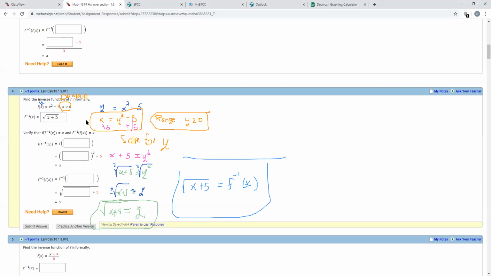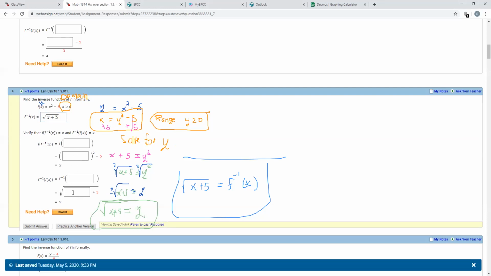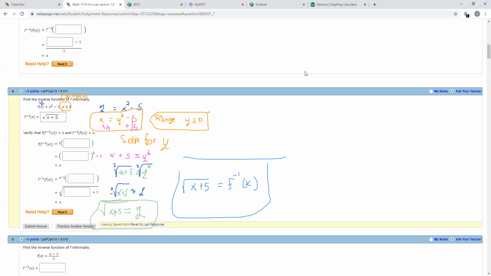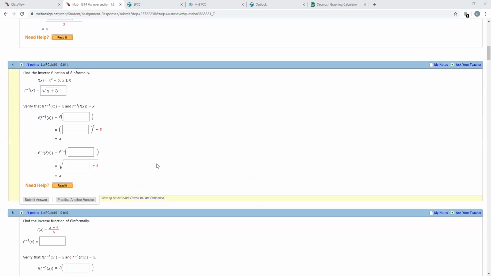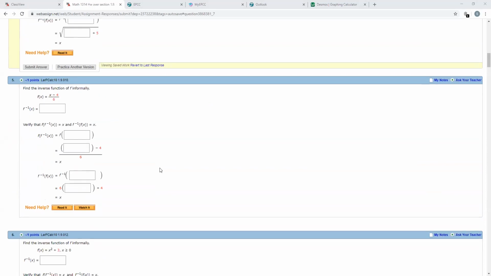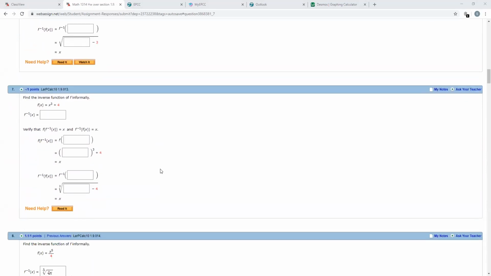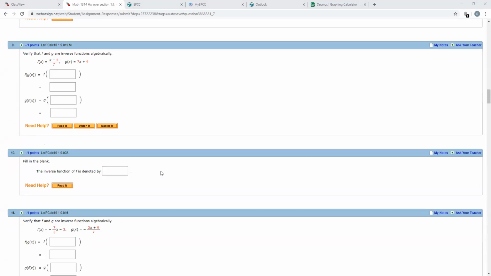And then you have to do the two compositions. But I think we've practiced that quite a bit already. So I'm going to leave that for you guys. Anyway, we did one like that down here somewhere. At least I think.